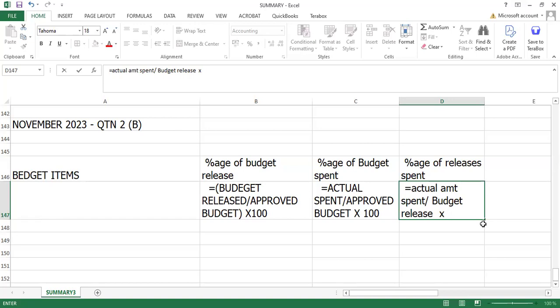It's not that you're spending based on the budget. You're spending the money you received. That's why here you are not relying on the approved budget, but you're relying on the budget released. Out of what we approved, there is the amount that was released.